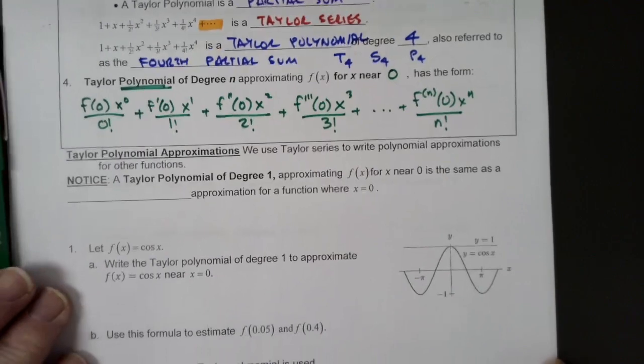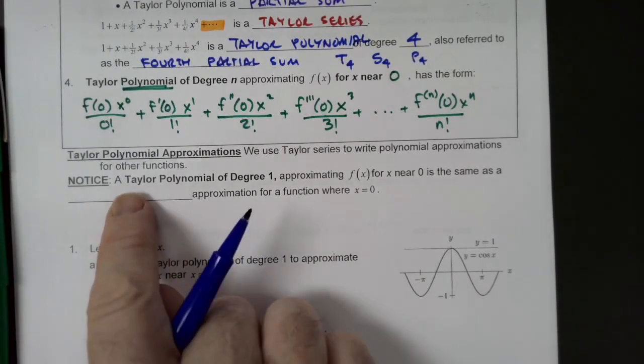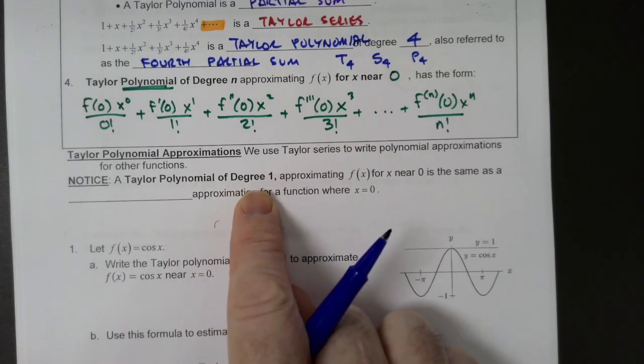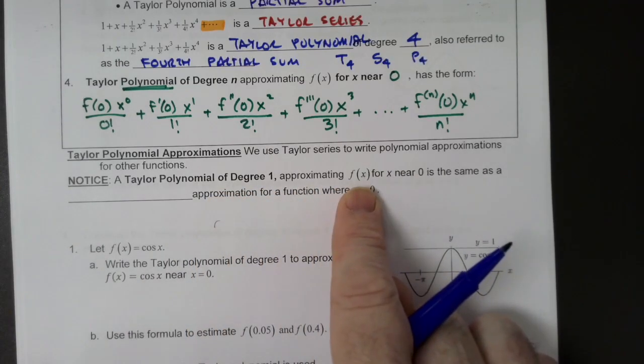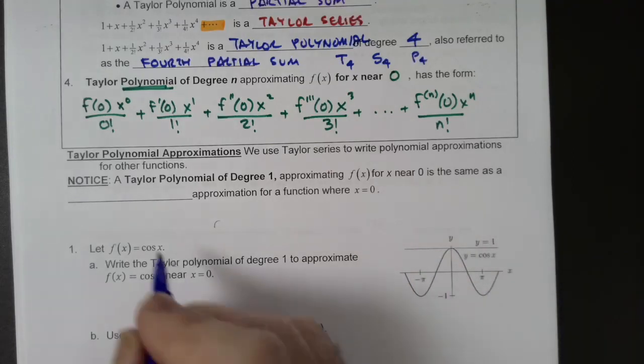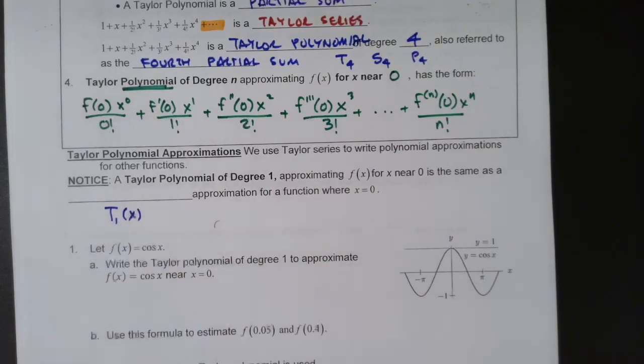Let's take a look at this. Let's do a Taylor polynomial of degree 1 to approximate some function f of x near 0. When we do that, notice what this will be. Taylor series of degree 1.